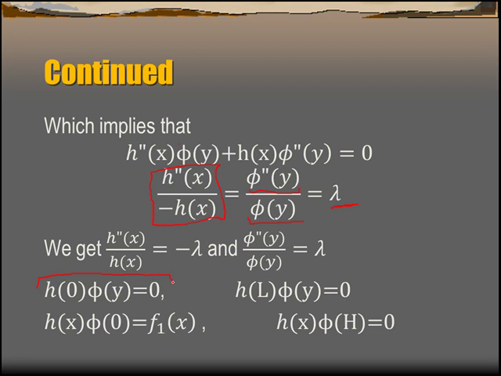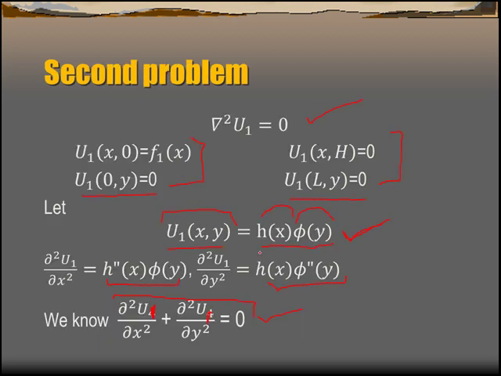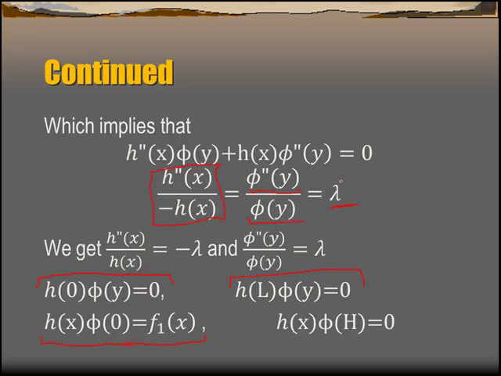The second identity tells us h at L times phi at y is equal to 0. The third identity tells us h of x multiplied by phi at 0 is equal to f1 of x, and the fourth condition, which is this one, tells us h at x into phi at h is equal to 0.